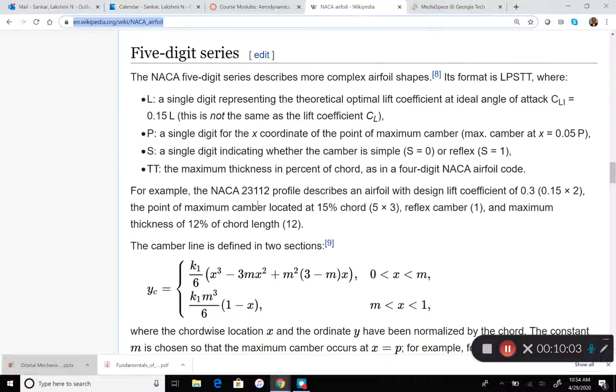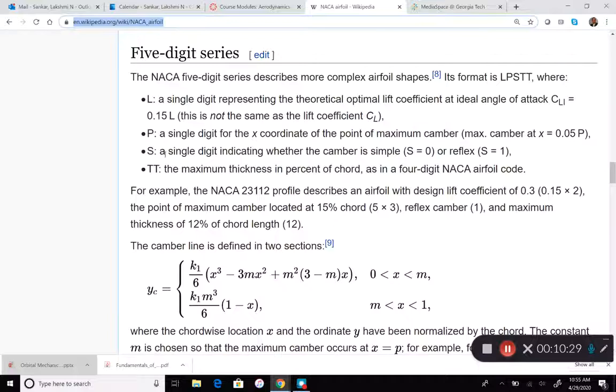How about the second digit, which is the P? It is the x-coordinate of the maximum camber. For example, it is 0.05 times the letter P. So if you have a 3, 3 times 0.05 is 0.15, which is 15% of the chord. That's where the maximum camber occurs.